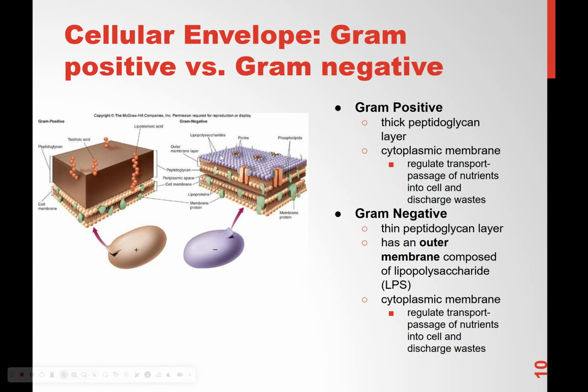It also has this outer membrane layer here, which is different, okay? This outer membrane layer is composed of a lipopolysaccharide. That's important. You really want to know that gram-negative bacterium, a major difference besides having a thin peptidoglycan layer, is the fact that the outer membrane is composed of a lipopolysaccharide.